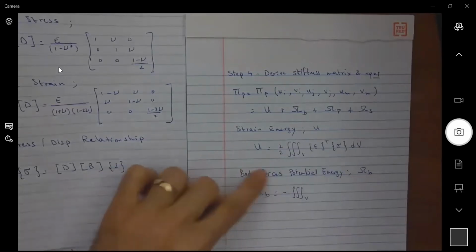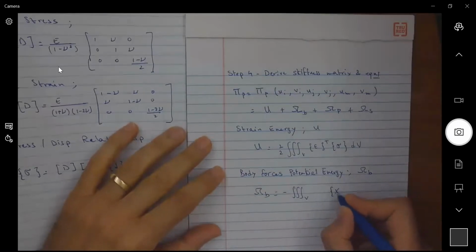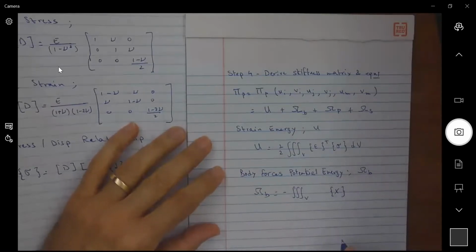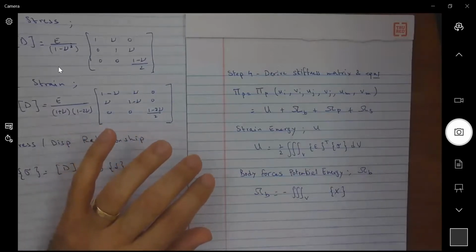Now these body forces will be expressed in terms of x, and x is a force per unit volume.